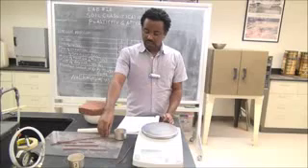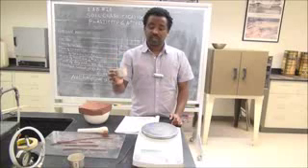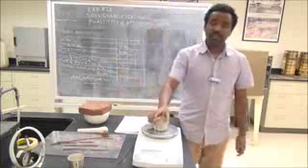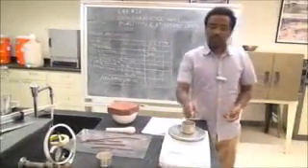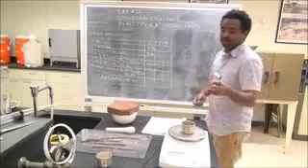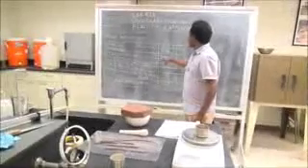First we need a moisture can. We measure it first and record it. It is around 30.55, and then we put our sample. Then we measure the can and soil together, so we have 60.40.